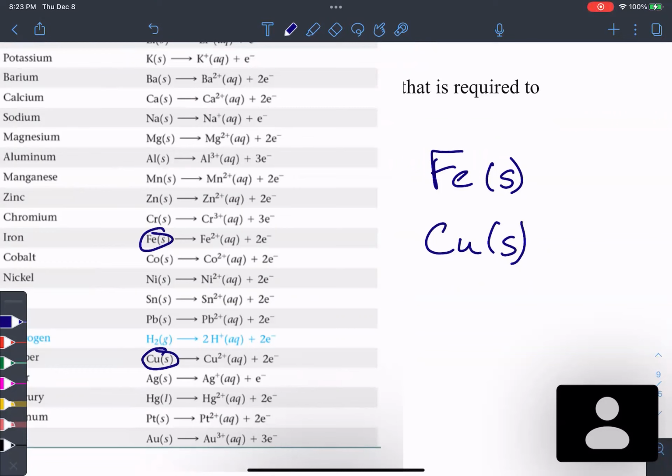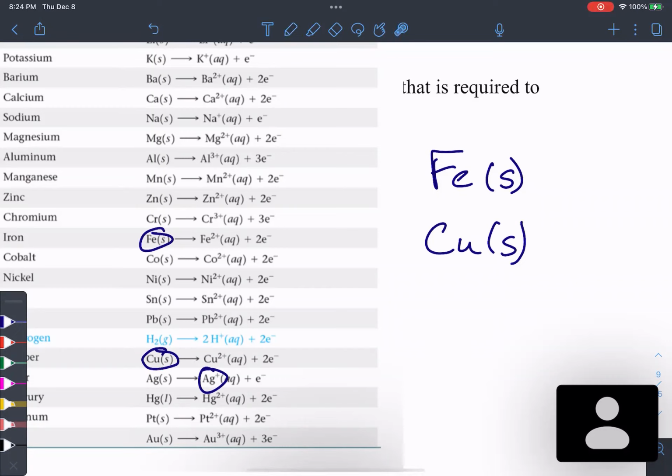So remember the rule for redox reactions. A redox reaction will happen when the metal is above the cation. So if I added silver plus into this mixture, will silver plus react with copper solid?